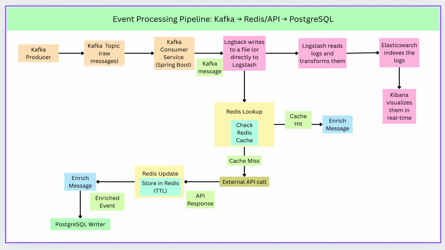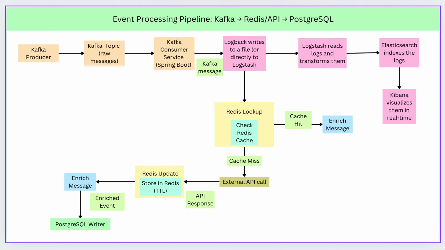Here we have the Redis fast cache. Redis acts as a fast in-memory cache. The idea is that if we have already looked up a user's details recently, we shouldn't hit the external API again.